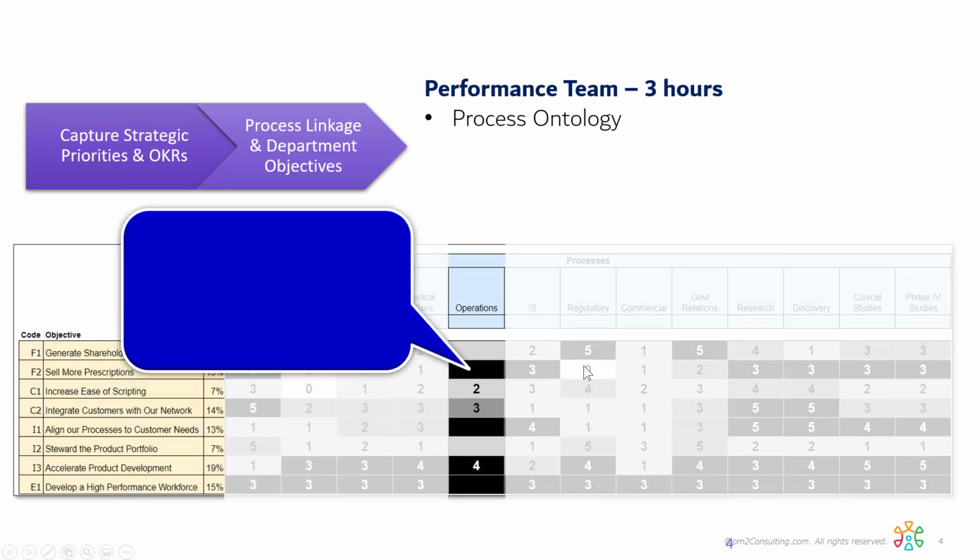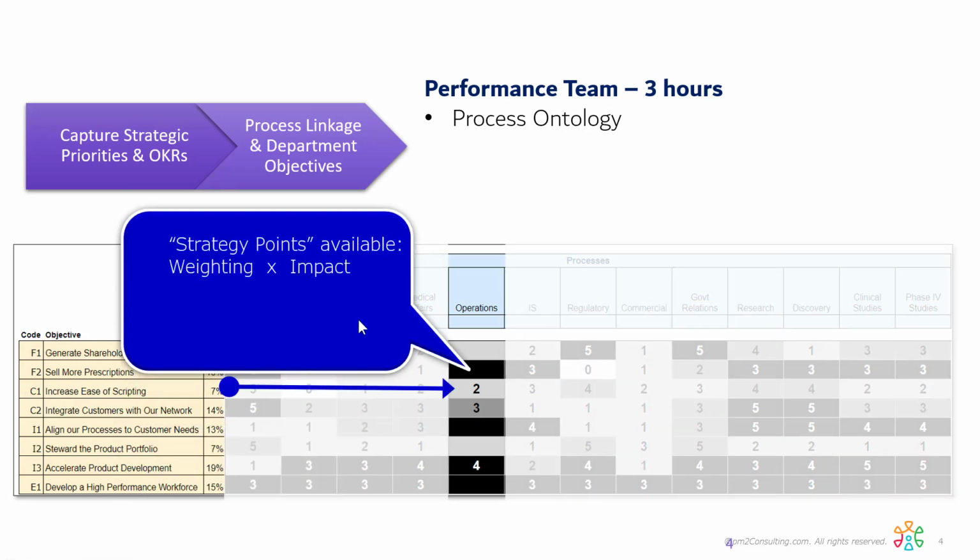I'll give you an example. So for operations, in terms of their impact, they said we have an impact of 2 out of 5. So 5 being we're critical, 0, no impact. They give themselves a score of 2 out of 5 on the objective of increase ease of scripting that has a 7% weighting.